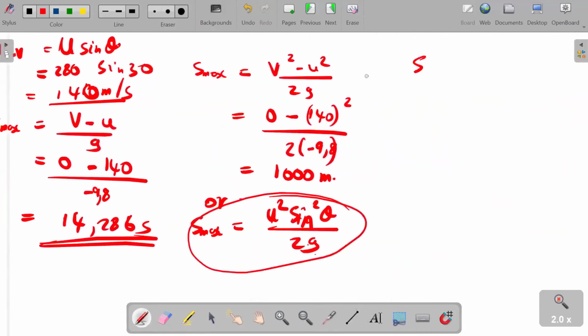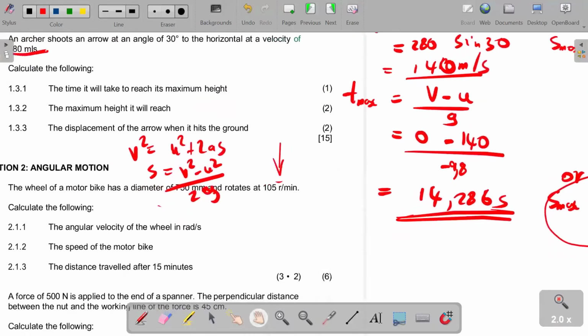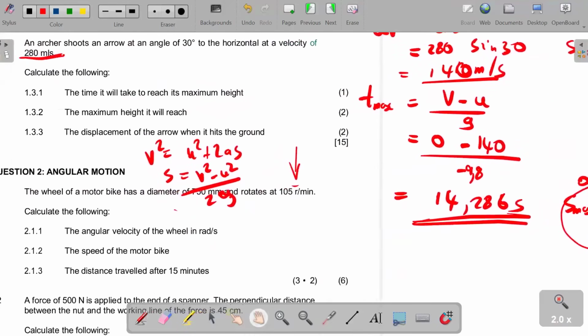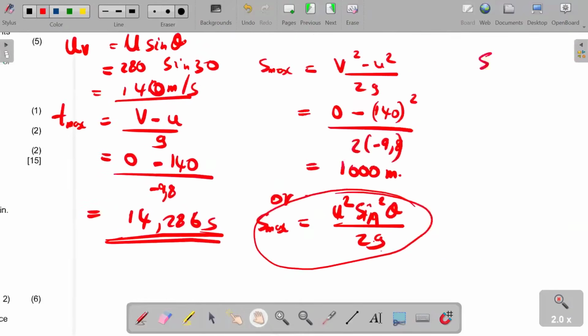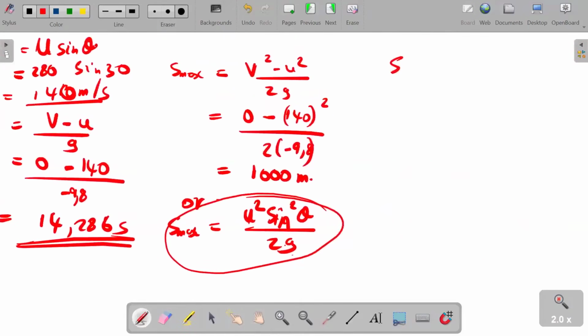Let's go to SH, the horizontal distance. The question is saying, calculate the displacement of the R when it hits the ground. That's the horizontal that we are now calculating. So with that, SH can be calculated by the formula UH multiplied by TH.